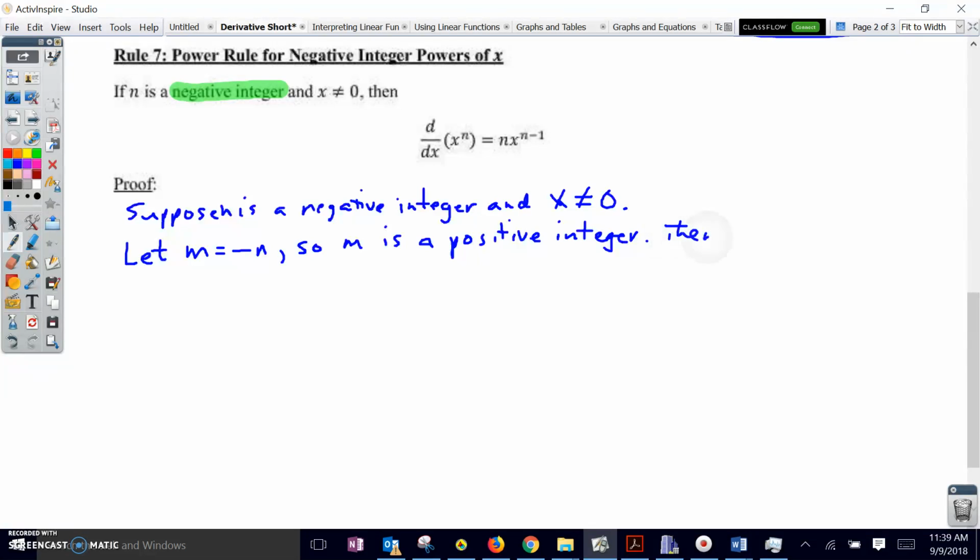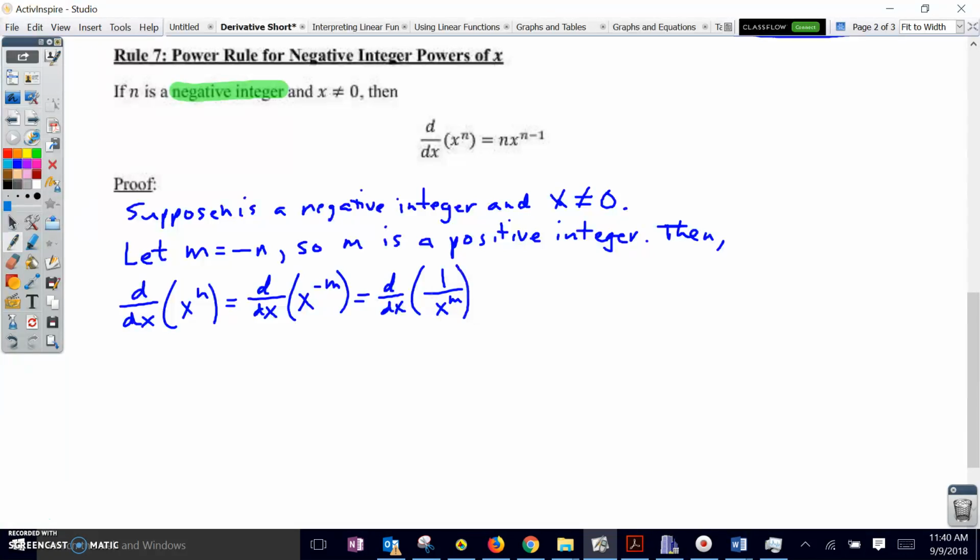Then the derivative with respect to x of x to the n is equal to the derivative with respect to x of x to the negative m, which is equal to the derivative with respect to x of 1 over x to the m.